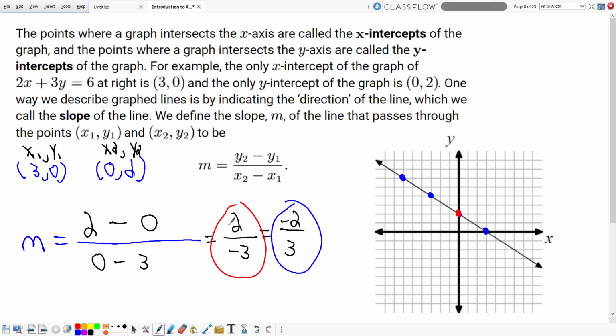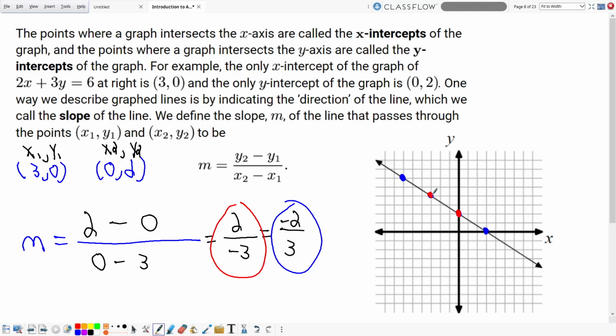Now if I do 2 over negative 3, again, that numerator represents the change in my y value. Since 2 is positive, I would go up 2. And that negative 3 in the denominator is the change in my x value. So that means I'm going to go to the left 3 spaces. Because again, negatives on our x-axis mean move towards the left. Think number lines. So with this red point, I'm going to go up 2 and to the left 3.